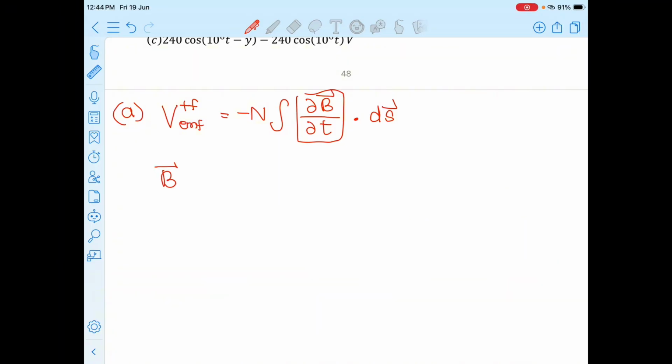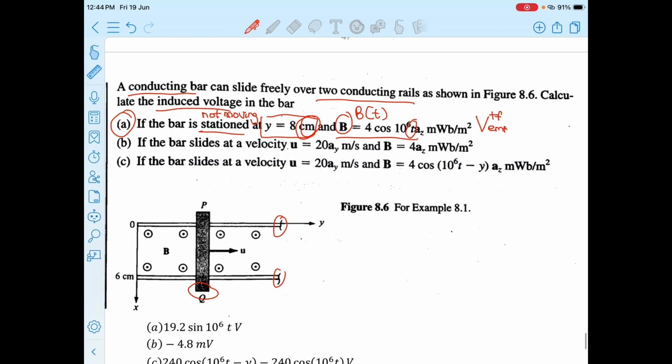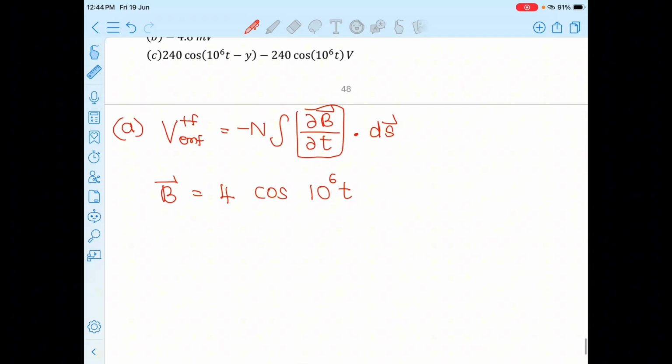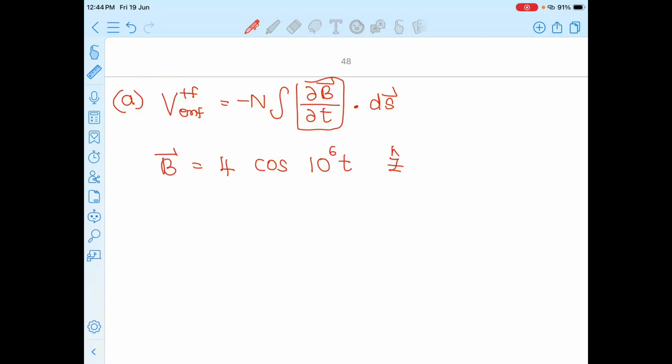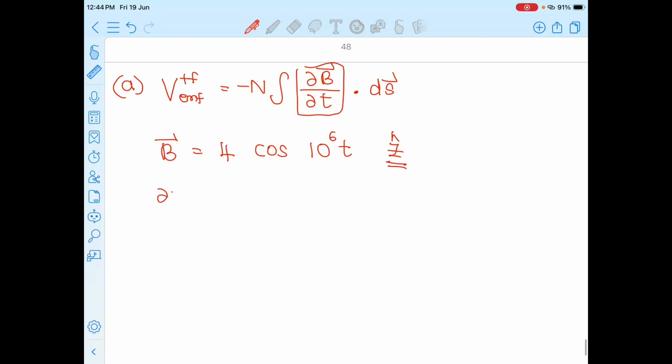According to the question, my B is equal to 4 cos 10 power 6 t, with an a_z. You see an a_z here, so this actually represents the unit vector z. For differentiation, nothing happens to the unit vector, you can just maintain it. So for del B over del t, it is equal to 4.